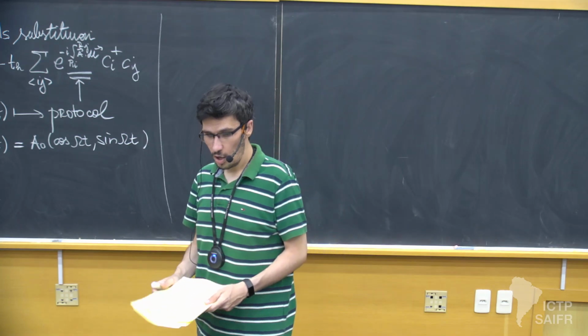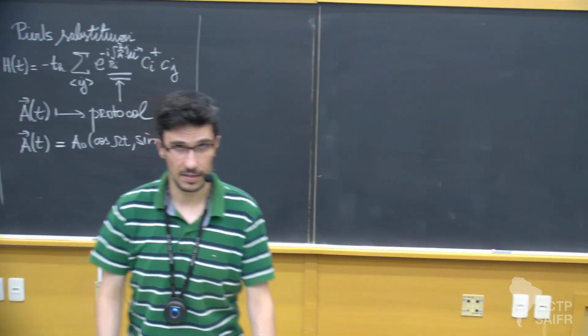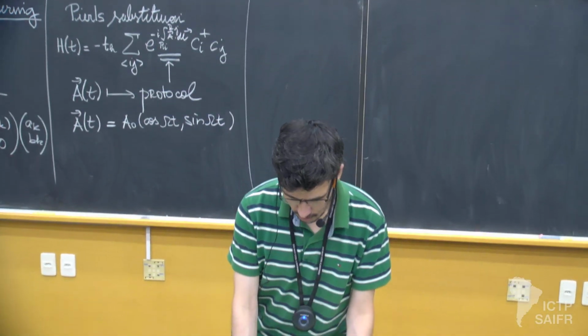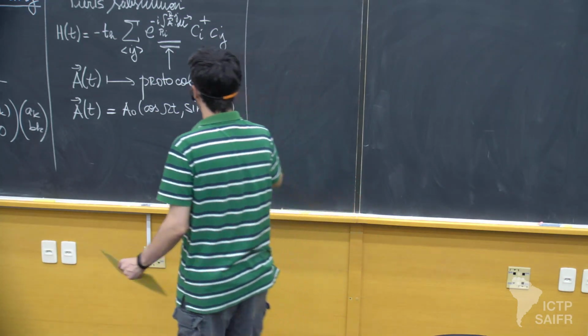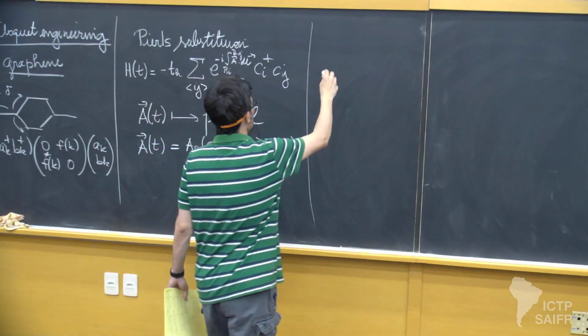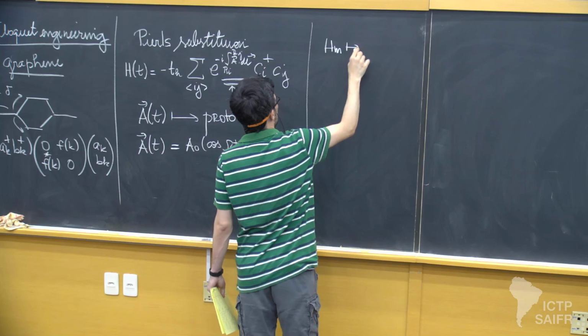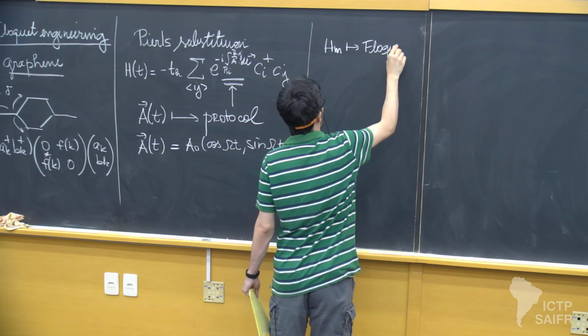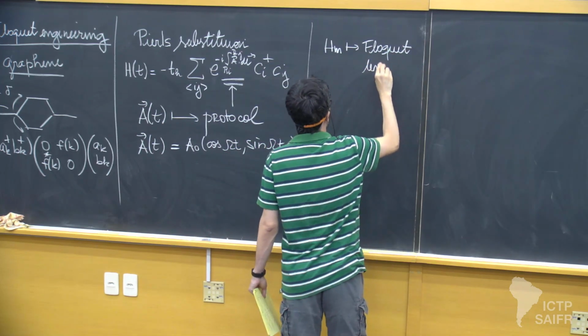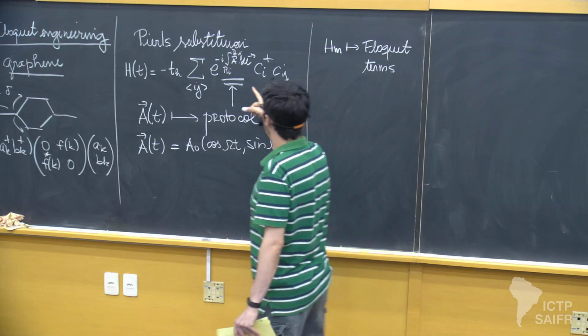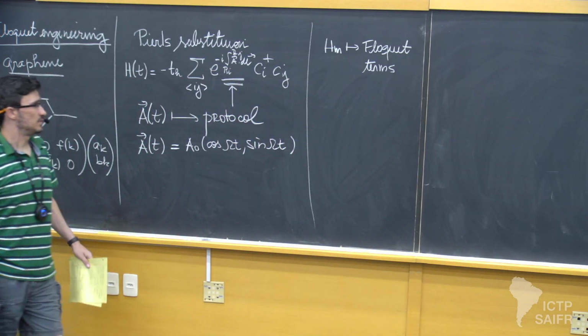I will not be doing all the calculations because they are pretty straightforward. But what is going to become clear is that if you want to find the H_m, the Floquet terms, you are going to have to integrate over time here.